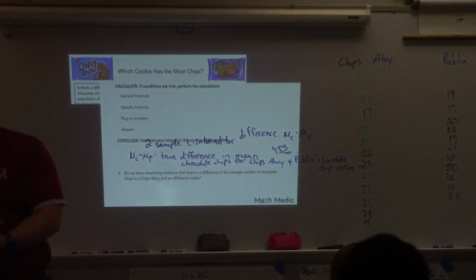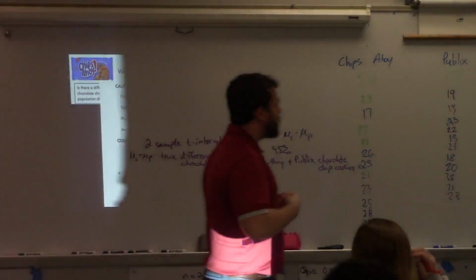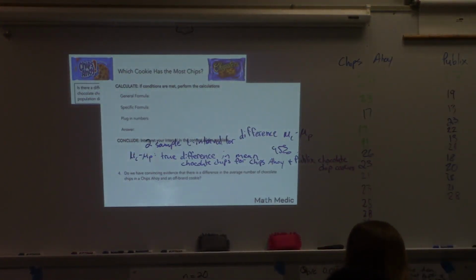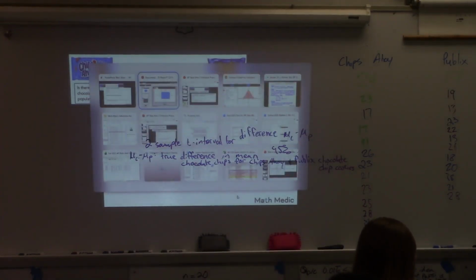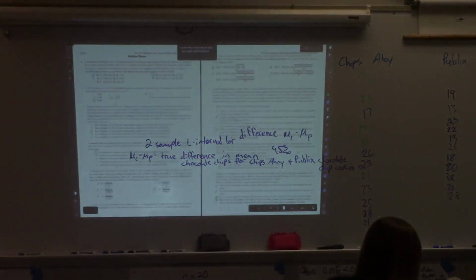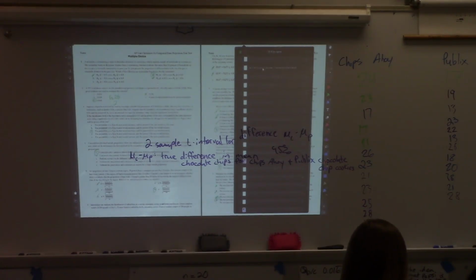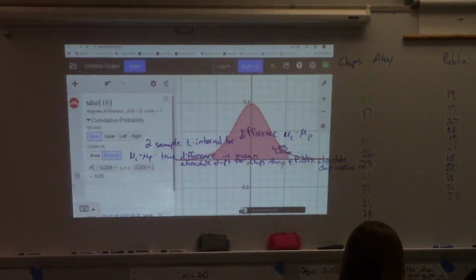So let's talk about our critical value really quickly, because a lot of this seems to be that we're using 2.201 as our critical value, but why in the world are we doing that? Hold on a second, let me find. Alright, so y'all did 12 minus 1?